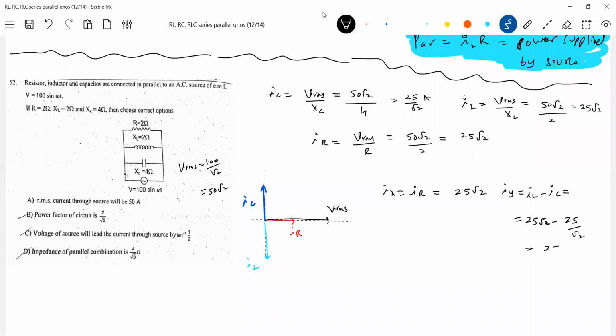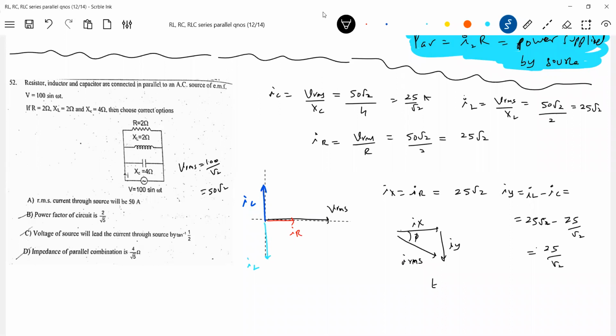So 25 by root 2, I'll get it. This is the X component of current, this is the Y component of current, and the resultant current is this, which we call IRMS, or only I. This is the phase angle.